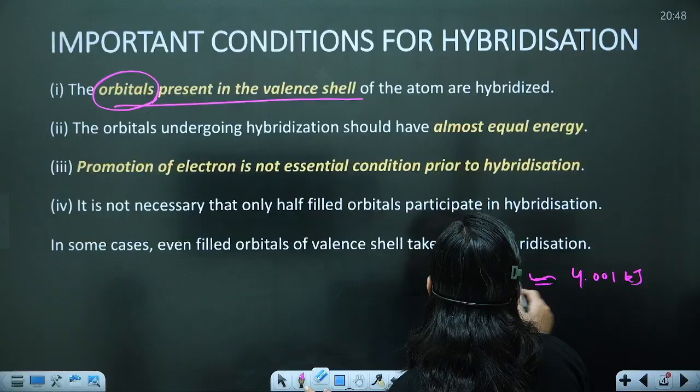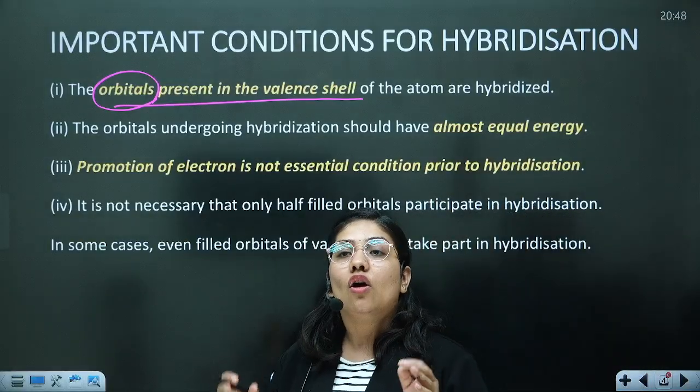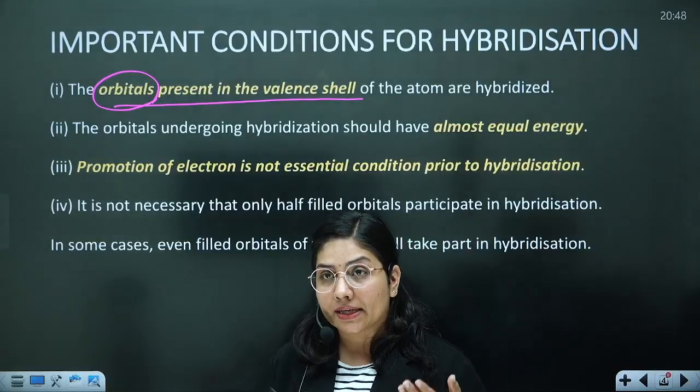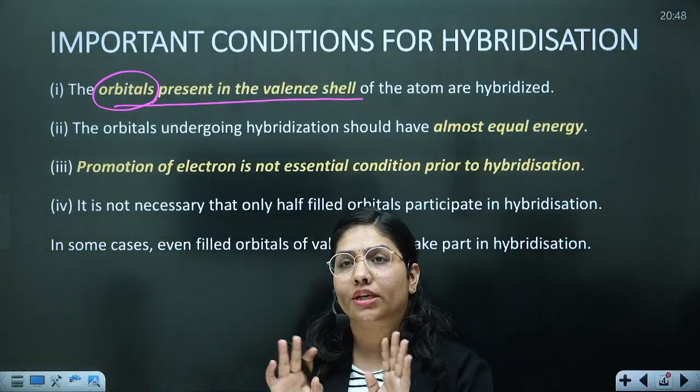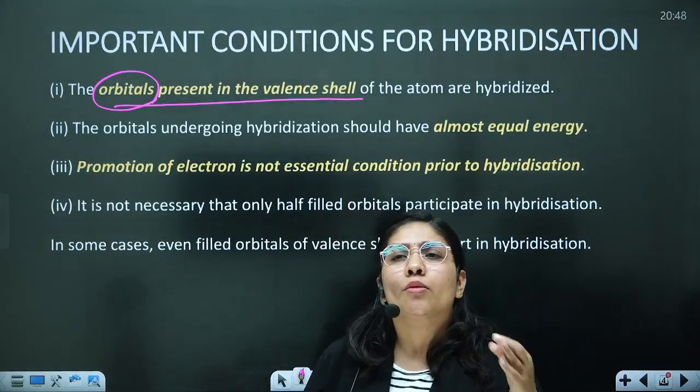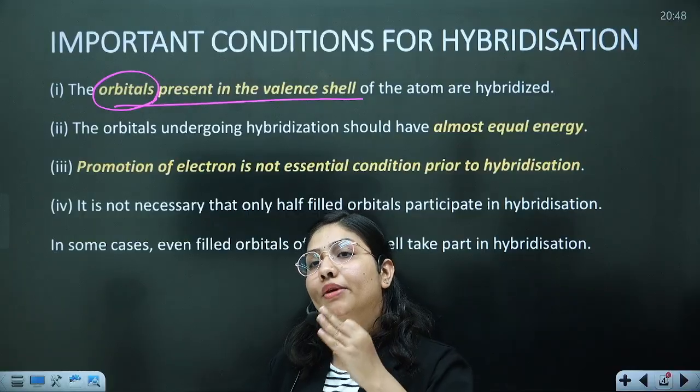So the orbitals do not have an equal set of energies, they have slightly different energies, which means almost equal.